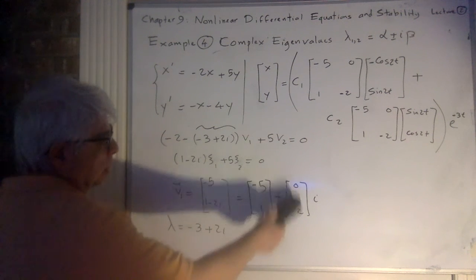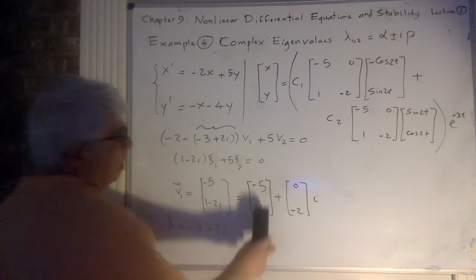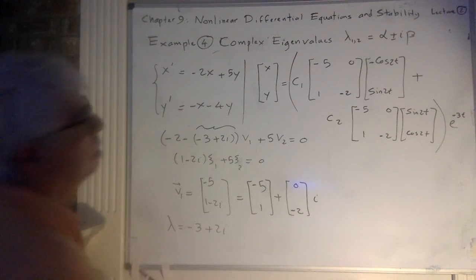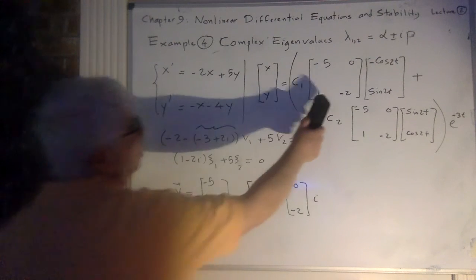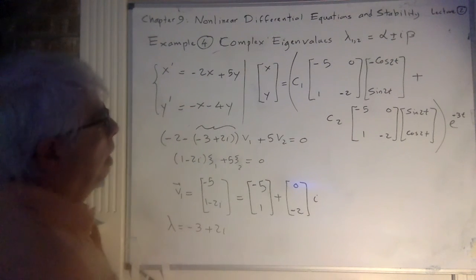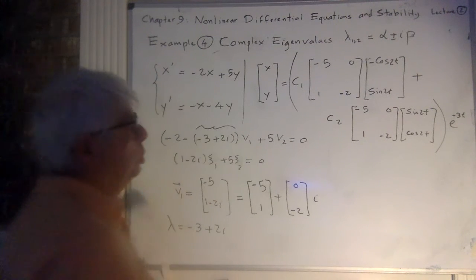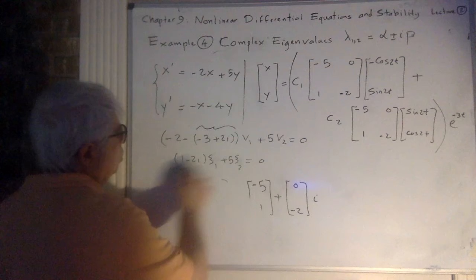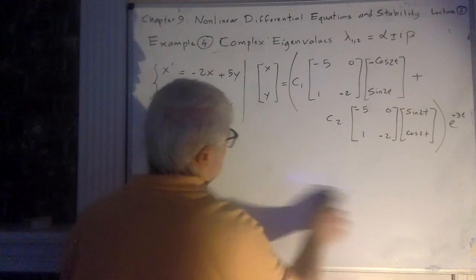Write plus and -2 inside. Then put these two as the columns of a matrix, and that is this matrix times minus cosine sine and so on. And this one C1, that one C2, and we can find C1, C2 using initial conditions.